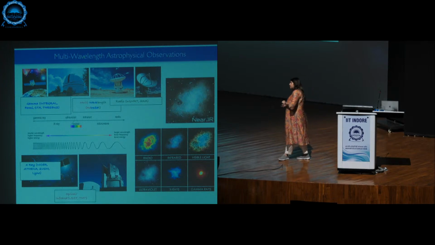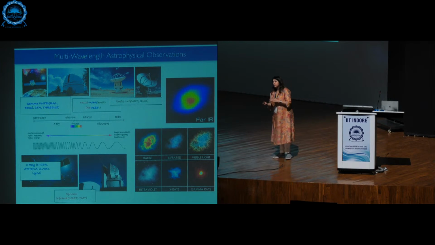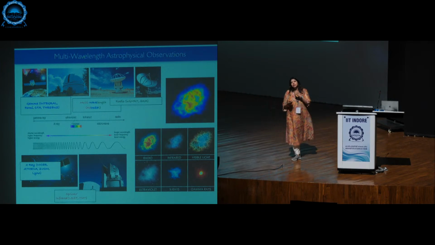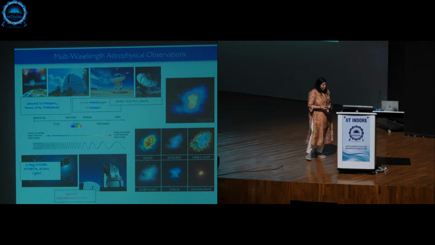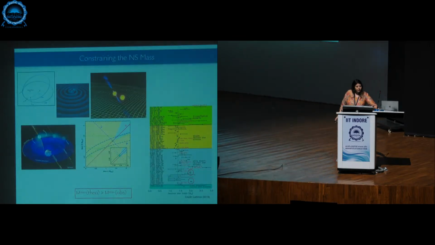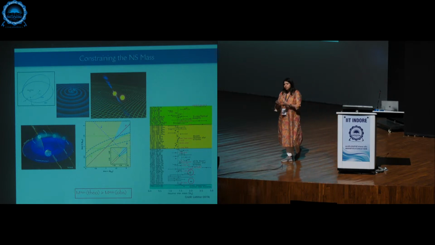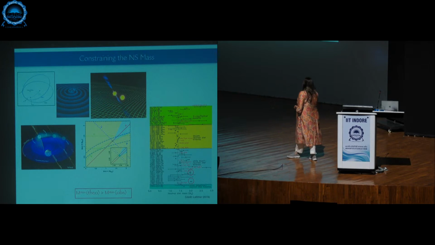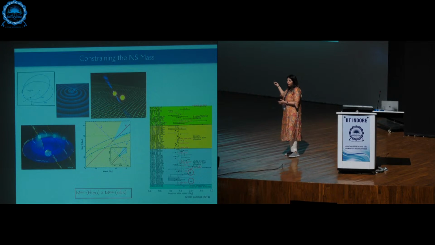Many of these observations cannot distinguish between the complexities of the equation of state models that I was showing in the previous figure. Just to give you an example, neutron stars are very dense systems, they are extremely relativistic. In certain systems we can actually measure the post-Keplerian parameters.